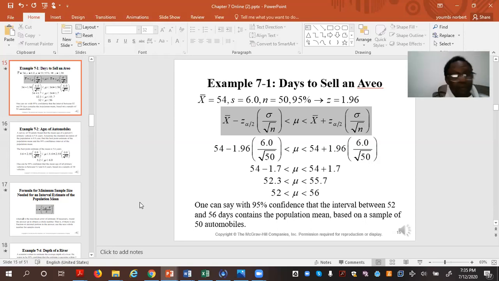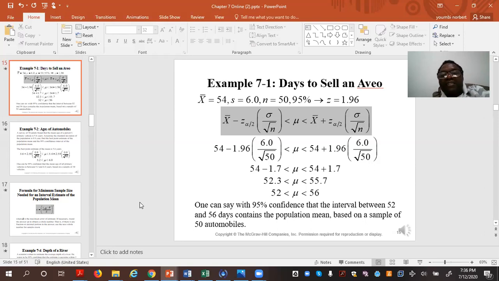Are you getting a result? I just wrote down the whole formula. You wrote down the whole formula. So I will advise you to do sigma over square root of n alone. Then you have 28.1 minus 1.96, and then you have it down.